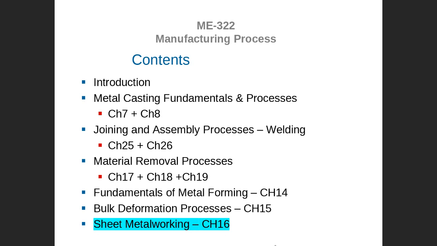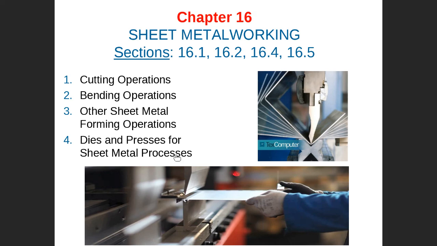Let's just give some introduction about sheet metal working and continue the discussion next time, inshallah. In chapter 16 we talk about 16.1, 16.2, 16.4, and 16.5. These are the items we are going to cover: cutting operation, bending operation, other sheet metal forming operation, and die press and sheet metal process. These are the four items that we're going to cover in this chapter.